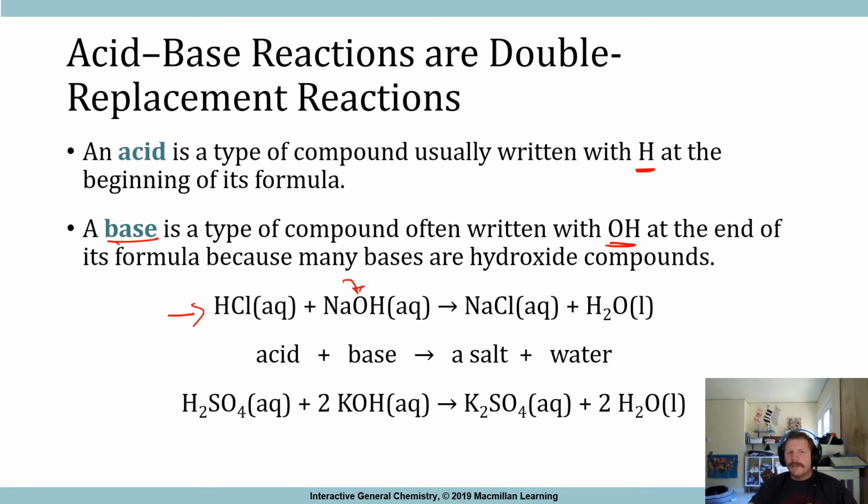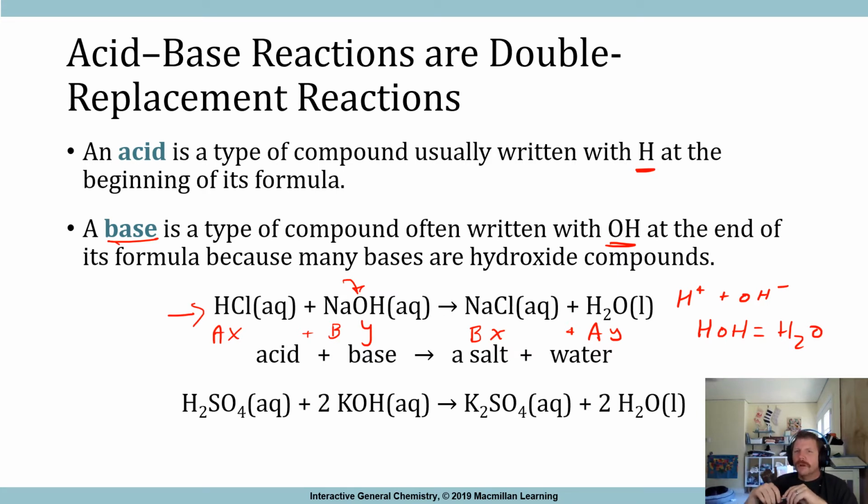We've got that same AX plus BY yields BX plus AY. Now that AY, though, in this case looks a little bit different. Effectively, it is H plus OH minus, producing HOH, also known as H2O. So this is a neutralization reaction, where an acid is neutralized by a base.